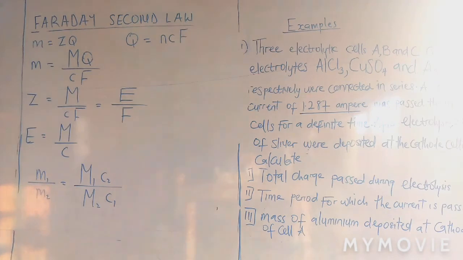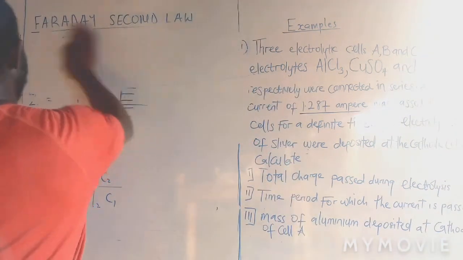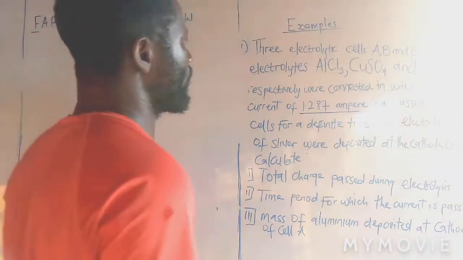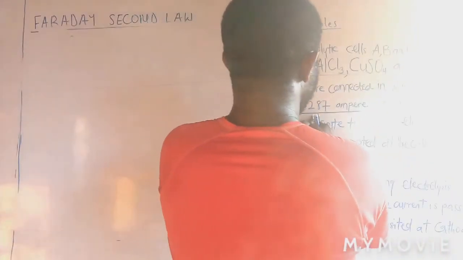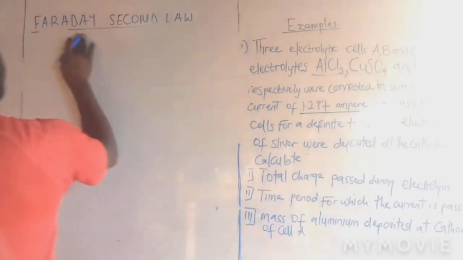Okay, now let's solve this problem that we have here. For this problem, we have three electrolytes. Good. This is a current pass-through, and this is the mass of silver. Okay?